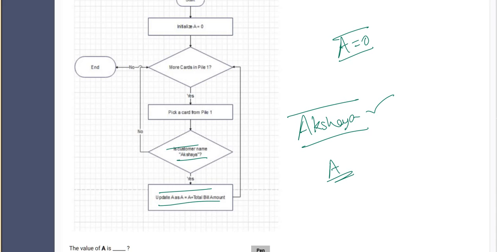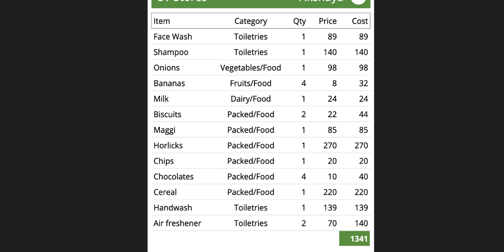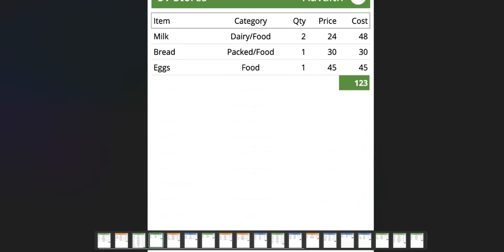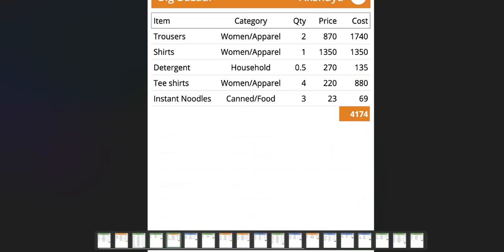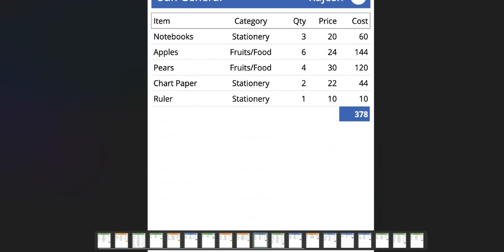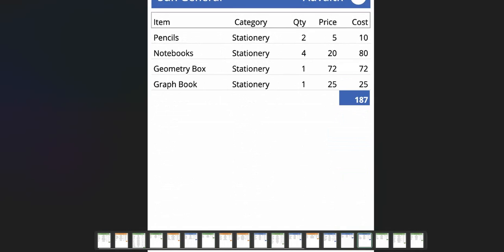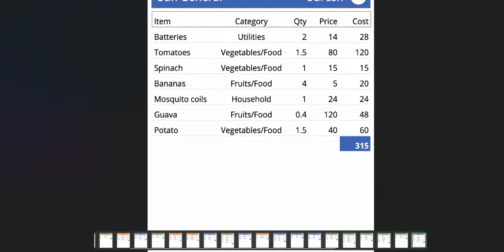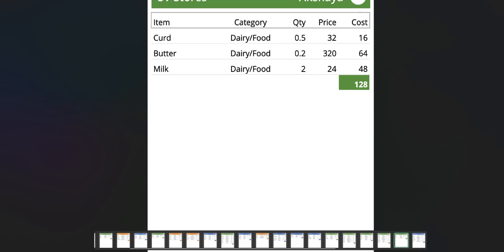So let us find out what A stores in total. The first occurrence of Akshaya is happening at card number 3, 1341. 1341 and 4174. And at card number 21 again.